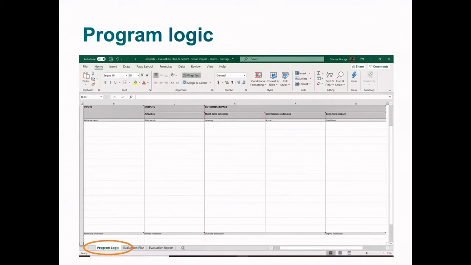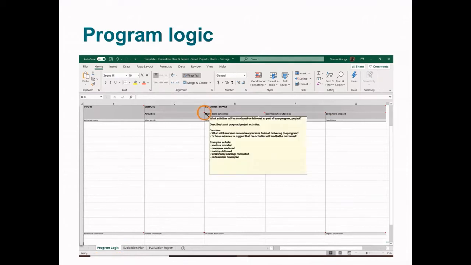So the program logic tab here, as you can see, it includes the components that I illustrated in that earlier example, the inputs, the outputs, and the outcomes through to impact. Also, on that bottom row there, it's including the type of evaluation that they correspond to. So how I've set this up is I've included prompts.